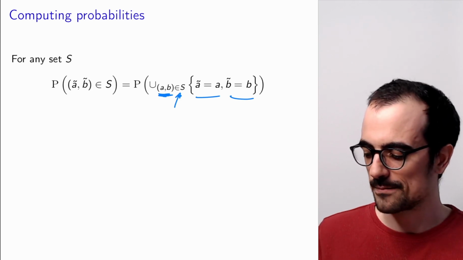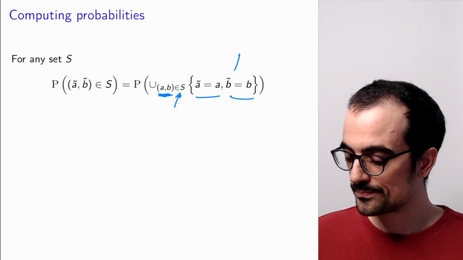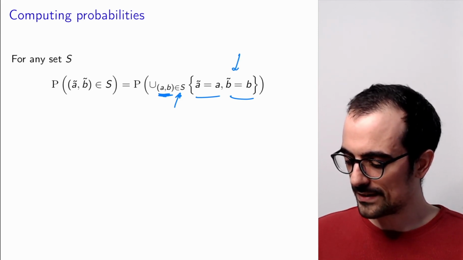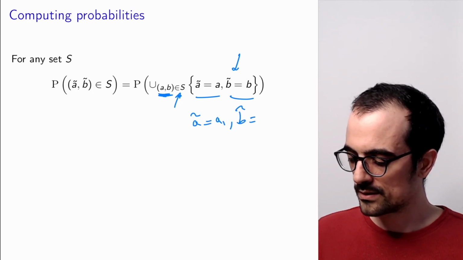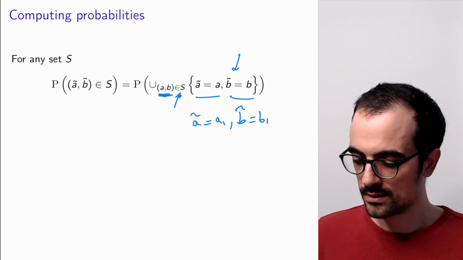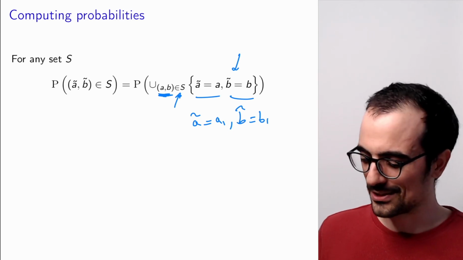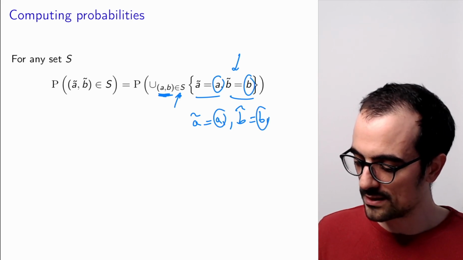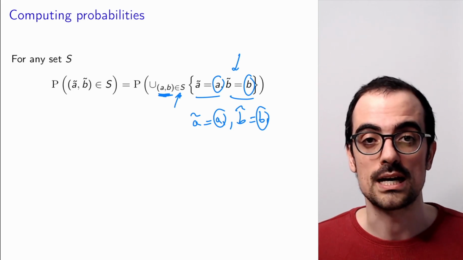It's actually pretty easy. The point is that those events are all disjoint, because if you have this event and then a different event, A1 and B1, unless A is equal to A1 and B is equal to B1, these two events are disjoint because each random variable cannot be equal to two values at the same time.